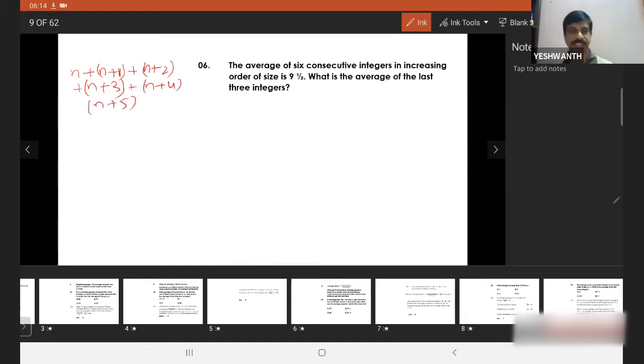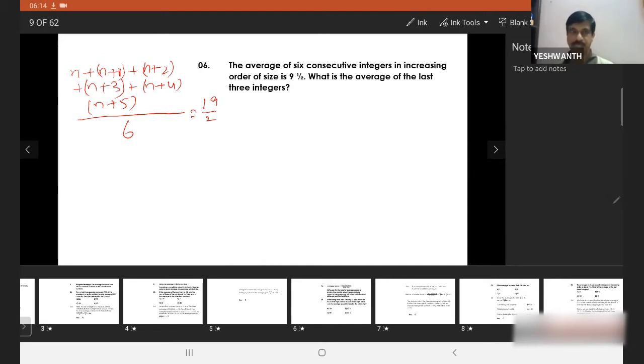So these are 6 consecutive integers. So the average of 6 consecutive integers means sum by 6. So that is equal to 9 1 by 2, which means 19 by 2.